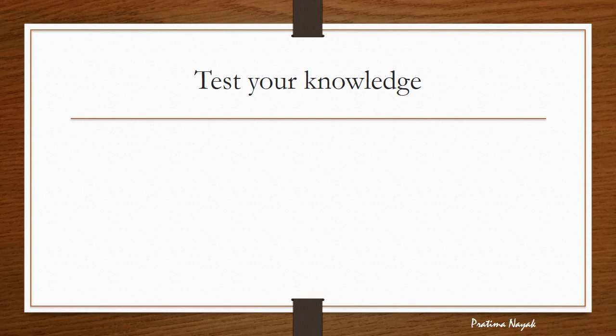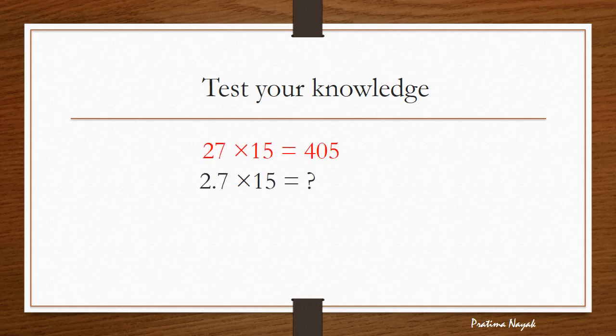So now you test your knowledge. 27 multiplied by 15. The result is 405. The result is given to you. You have to find the result of 2.7 into 15.